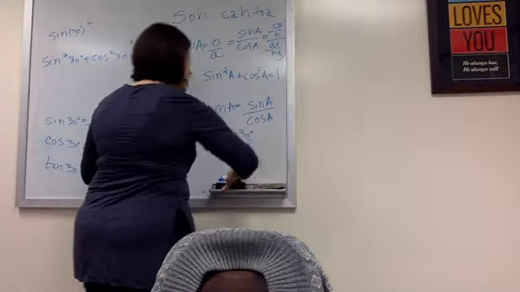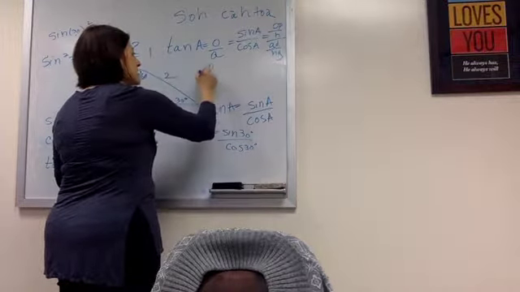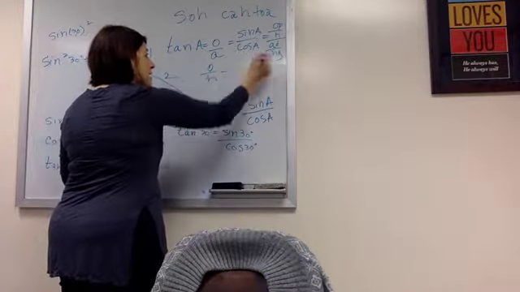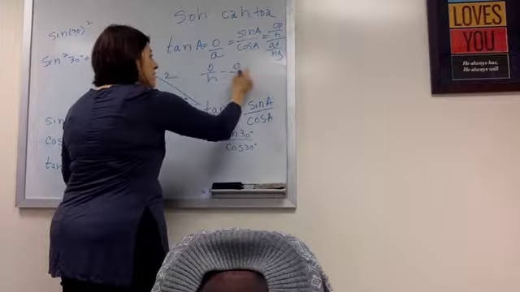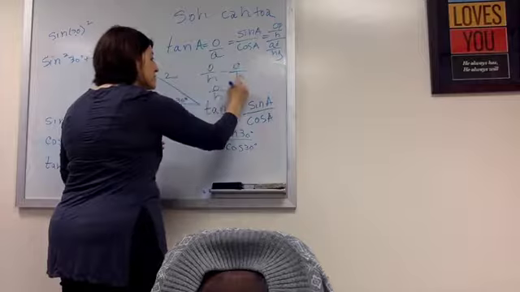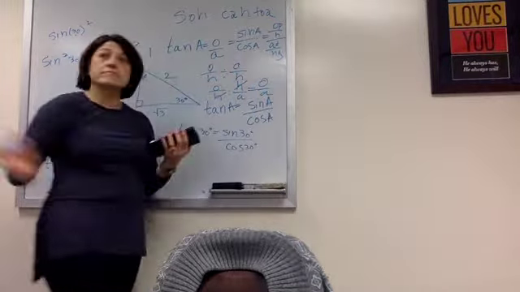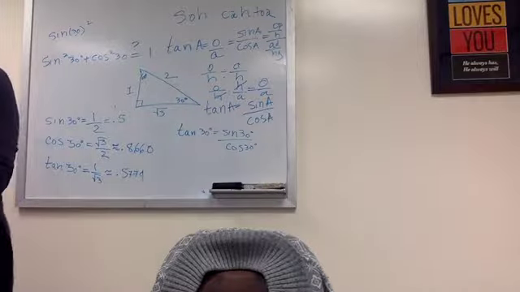So that's the same thing as saying opposite over hypotenuse times the reciprocal. That ends up being opposite over adjacent. Okay, so it all comes out in the wash, right?